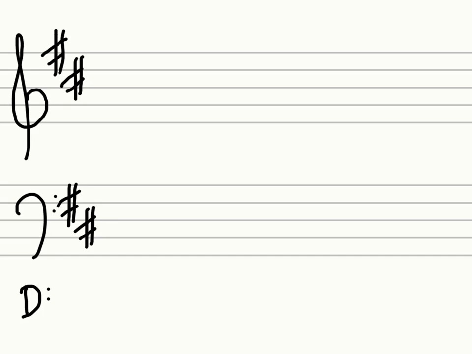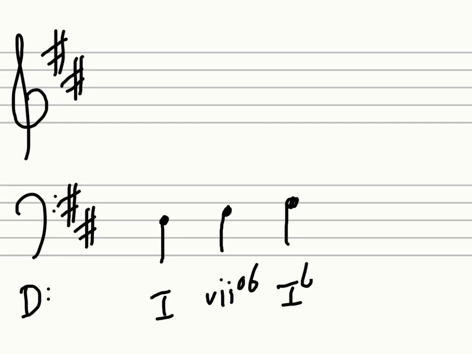Let me show you this in a major key, only this time we'll look at the whole expansion of the tonic. So here's a 1. Here, instead of using a 5-4-3 or a 5-6-4, now I'm going to be using a 7-6, and it's going to go to a 1-6.